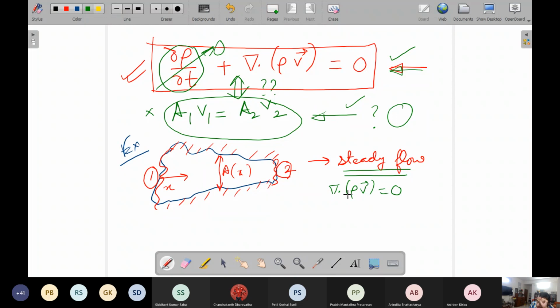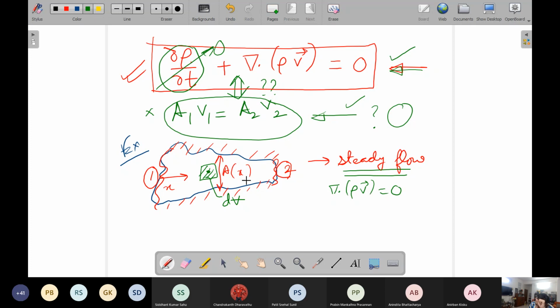This is a differential equation in terms of vector differential, valid at a point. Let us say that point is this one where this equation is applied. Now we take a small differential volume dv. This is applicable at a point for conservation of mass.